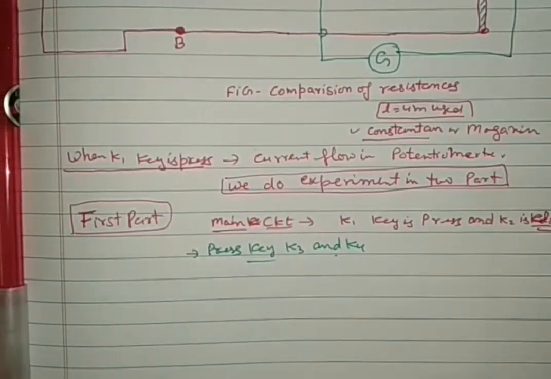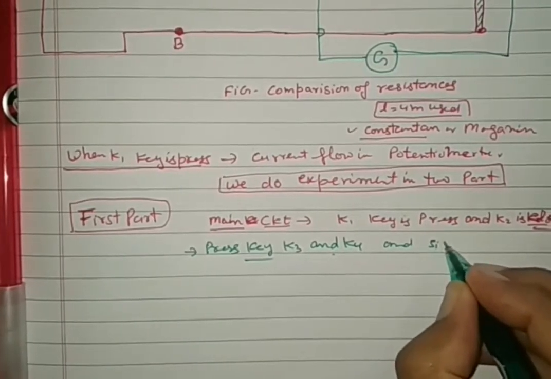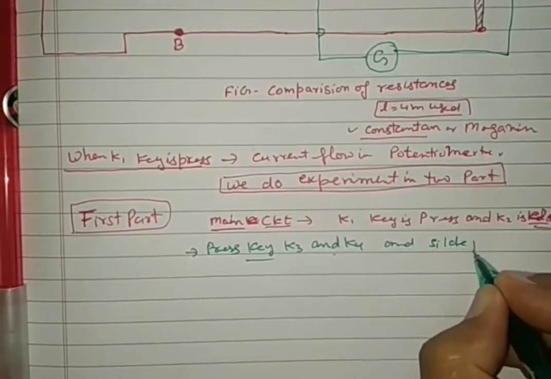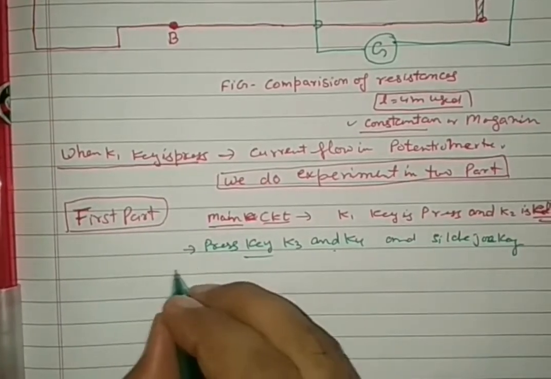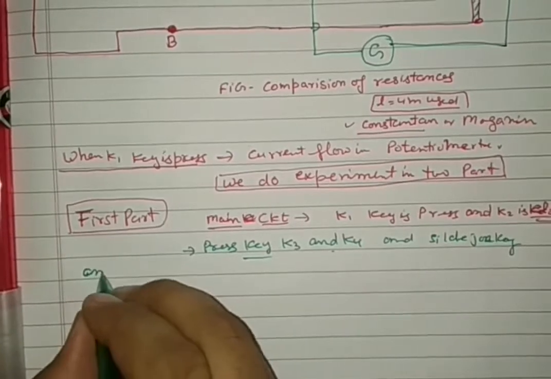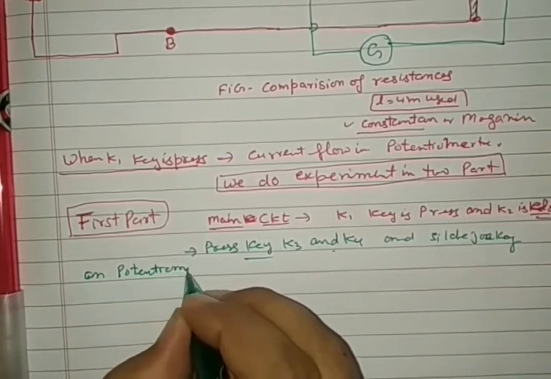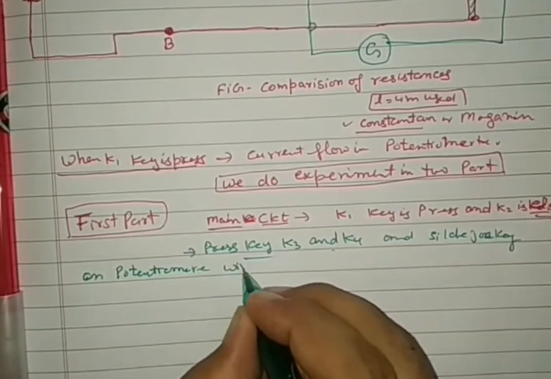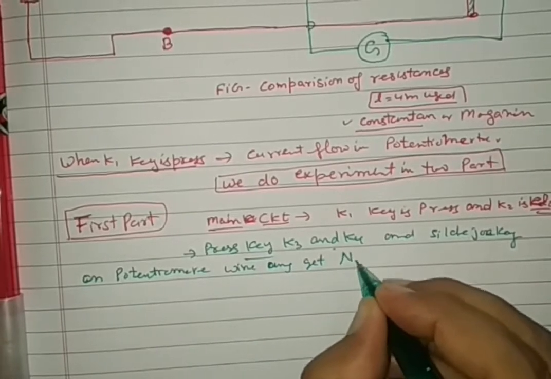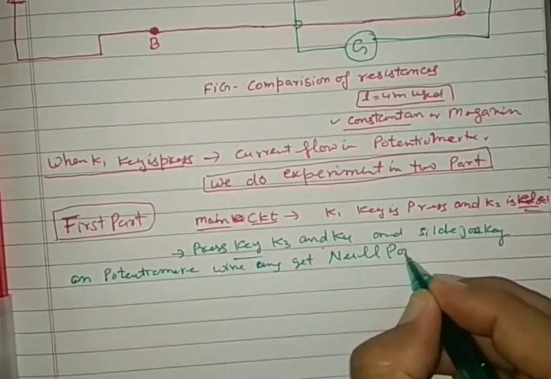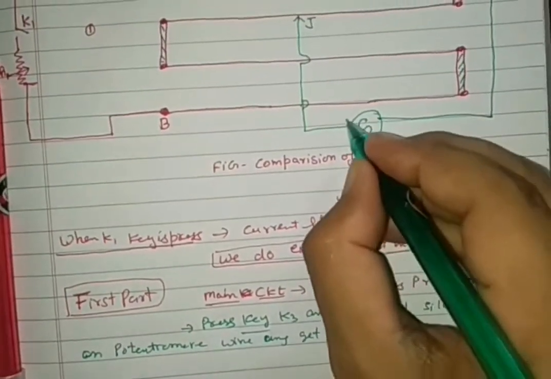So 4 keys are pressed, and slide the jockey on the potentiometer wire and get the null point. Null point means no deflection in the galvanometer.